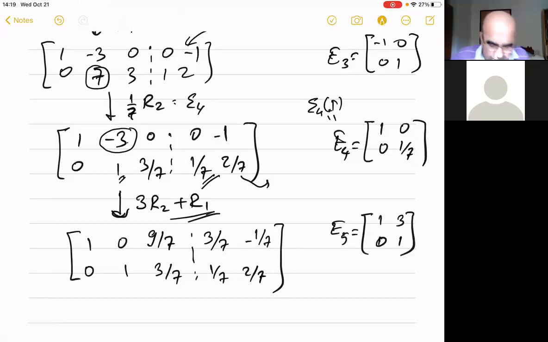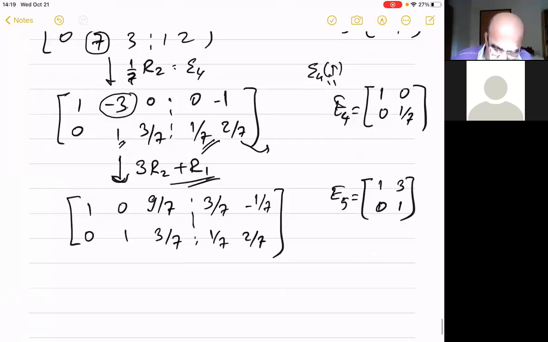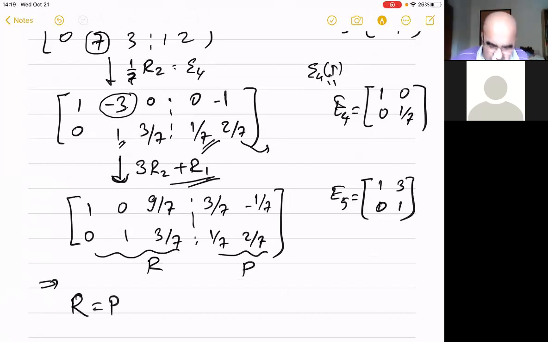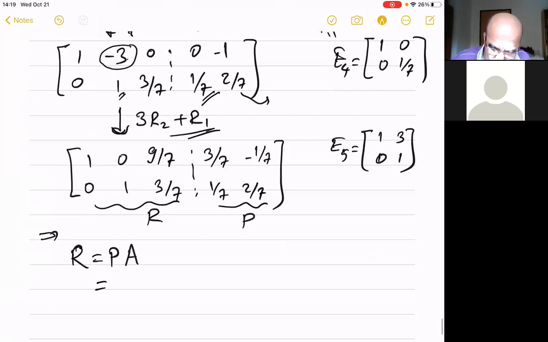Okay, so therefore, if you say this matrix R is row reduced, this matrix P, then R is equal to P times the matrix A. What's P? P is these matrices E5, E4, and E1 times A.